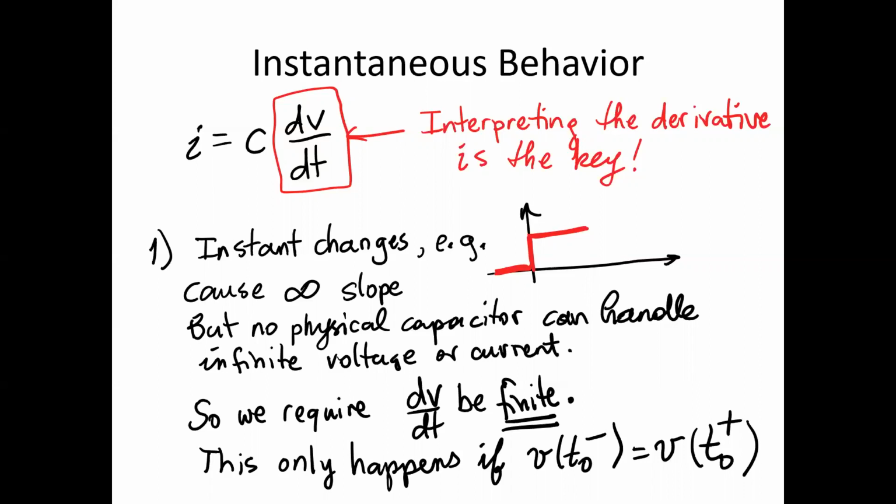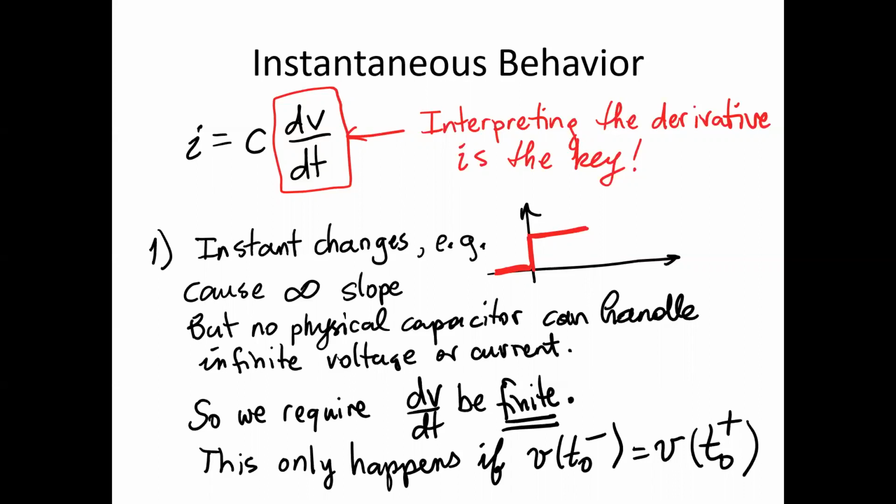So whatever variable you're taking the derivative of, you have to make sure that it is never infinity in the real world. For a capacitor, where the current depends upon the derivative of the voltage, this means that in real life the capacitor can't handle an infinite derivative of voltage.